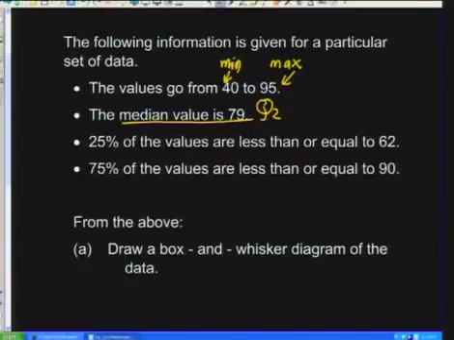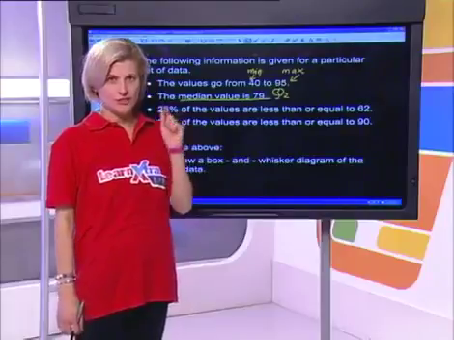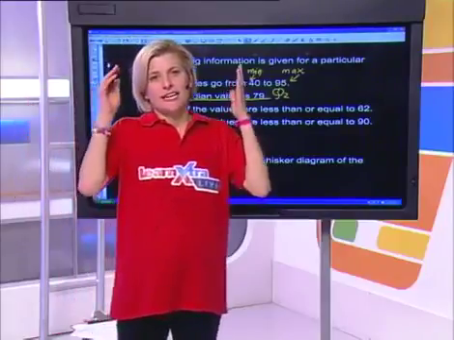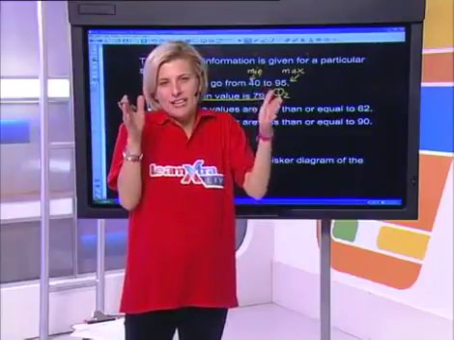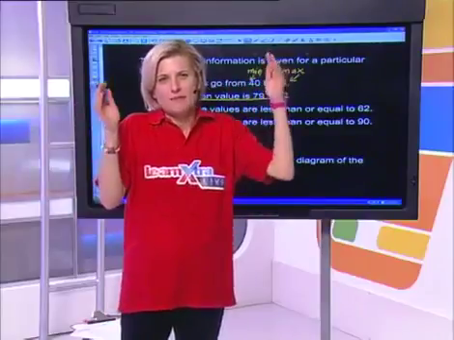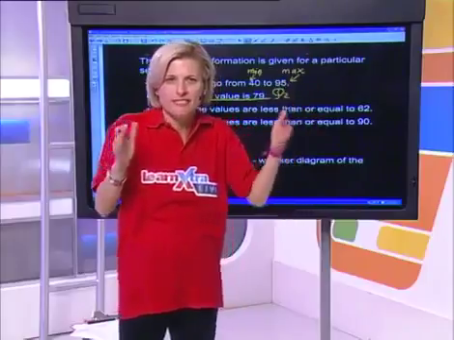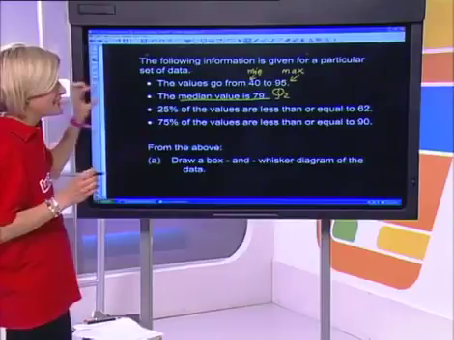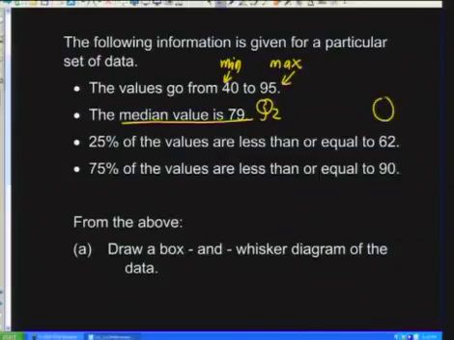And then it says 25% of the values are less than or equal to 62. Now, boys and girls, what does Q1 do? It gives us a boundary for the first 25%. So really, it's telling us that Q1, my first quartile, is 62.